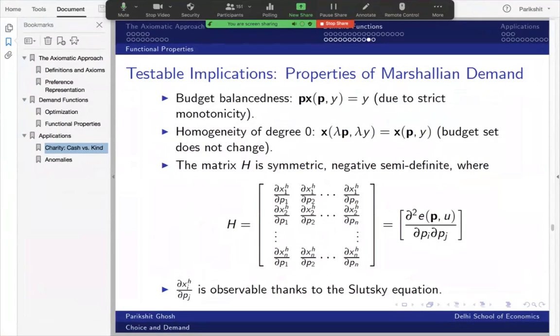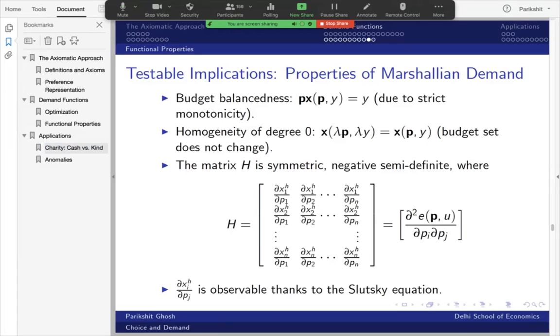Well, over time, there are various prices and various quantities purchased by consumers at those prices. That's our data set. Based on that data set, we can estimate demand functions, right? And then we can see if demand functions satisfy this property that we have just talked about, right? This matrix is symmetric and negative semi-definite.